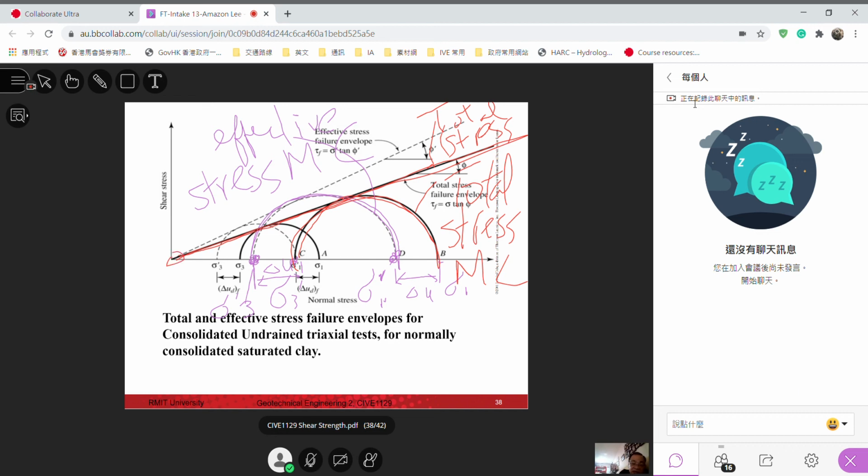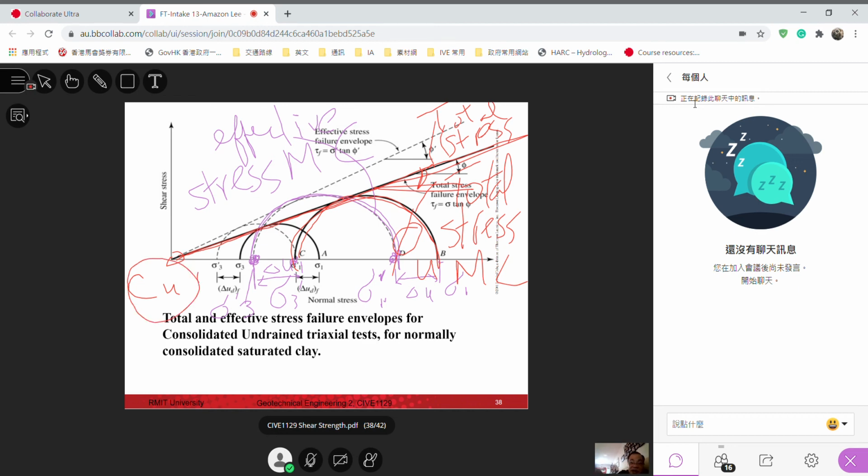Here is the cohesion intercept, but in this example it's just hitting zero. That still stands for granular soil, but cohesive soil will have a cohesion intercept, Cu in here, and then this is phi u, the angle of friction under undrained condition.